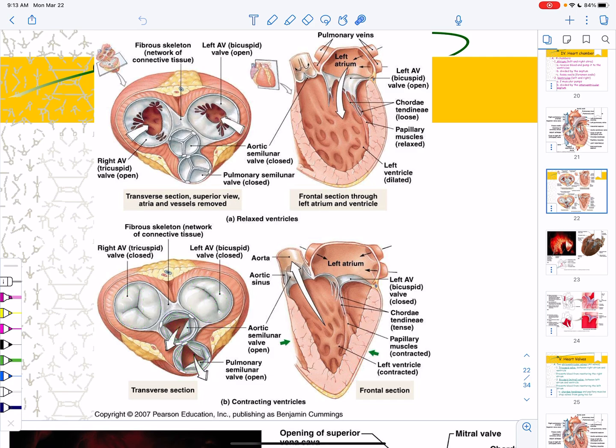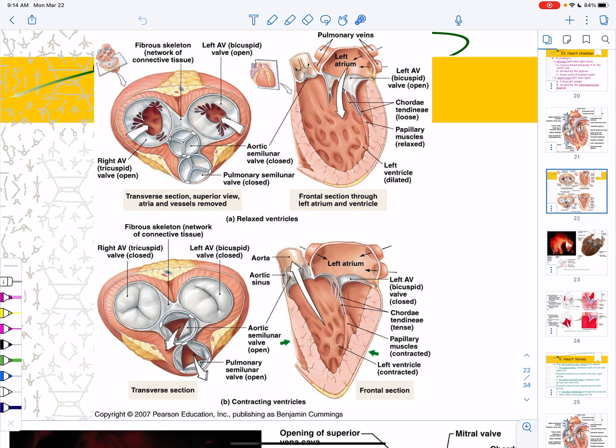Now it's hard to tell from this angle which ones are going from the atria to the ventricle and which ones are going from the ventricle to either the pulmonary trunk or the aorta. And I will tell you that the large ones are the AV valves, the atrioventricular valves. So here is one AV valve. Here is two AV valves.